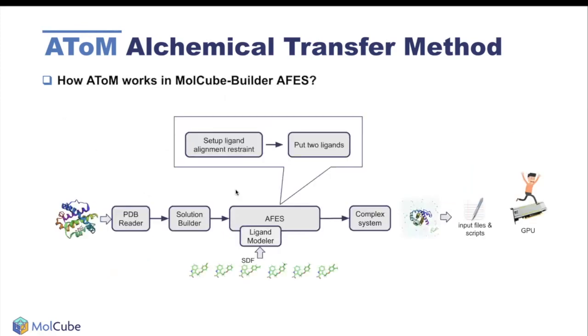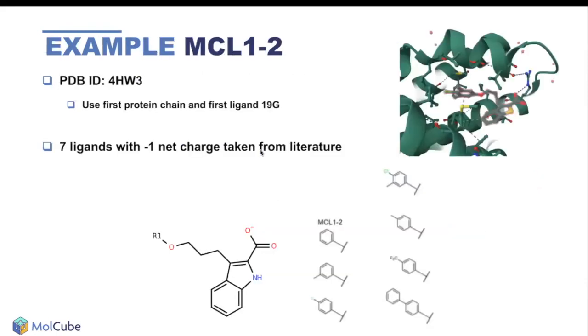In the AFES module, the setting up of AToM system involves 2 steps, including setting up the pairwise ligand restraints and placing 2 ligands into the system. In this demo, we use myeloid cell leukemia 1 MCL1 protein as an example. Its PDB ID is 4HW3.